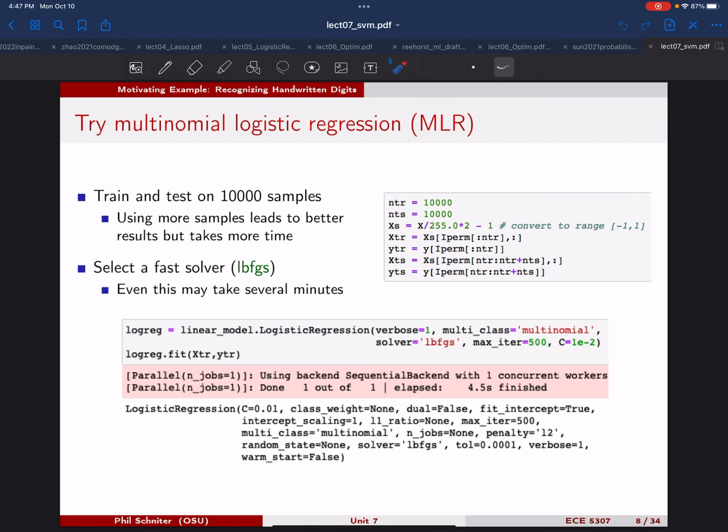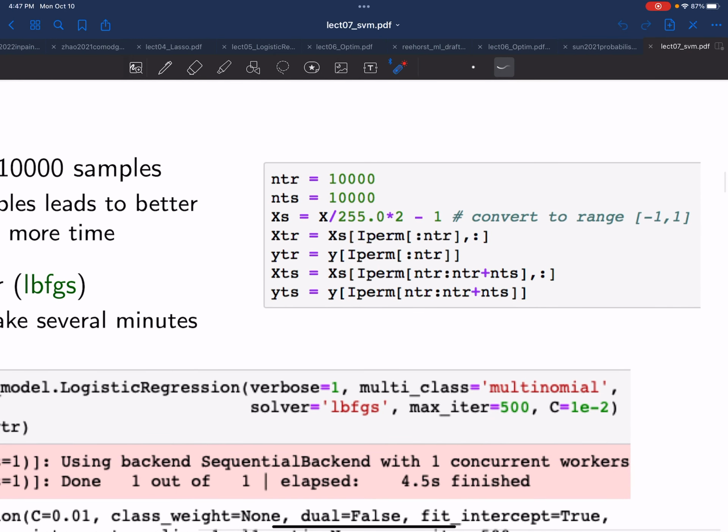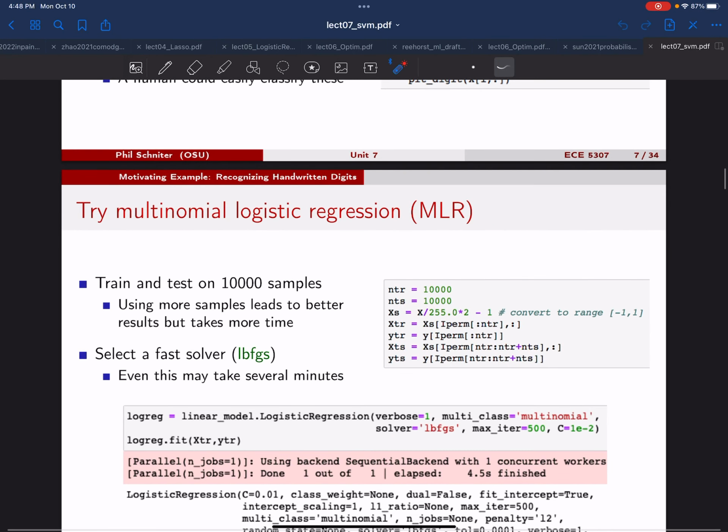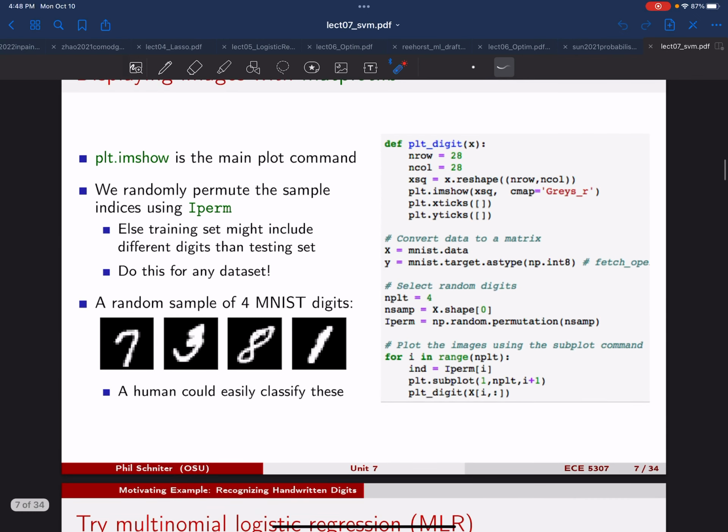We are going to do a little bit of feature manipulation here. So this is not standardization in the typical sense. When you work with images, you don't want to do standardization like we talked about before.